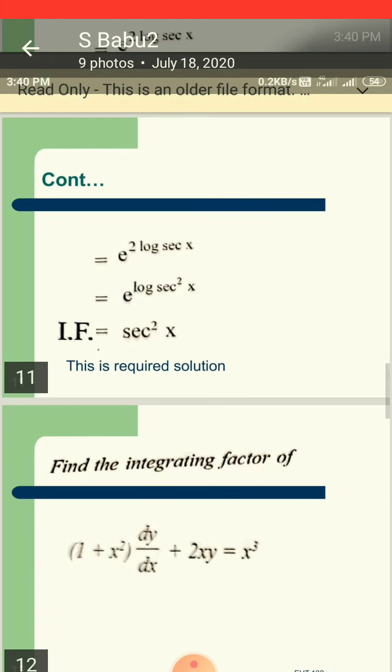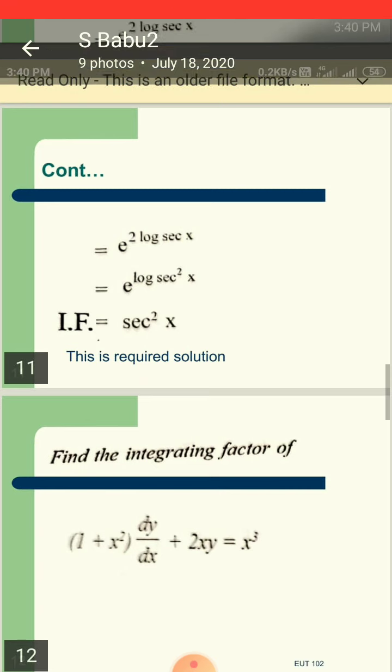What they asked us was to find the integrating factor of the given differential equation, and we can find it in this manner.